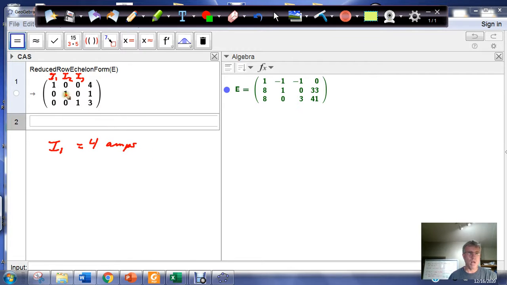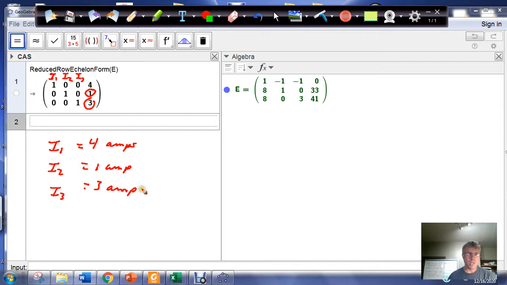And here I get 1 I sub 2 is equal to 1 amp as my measure of electron flow. And here I have 1 I sub 3 is equal to 3 amps.